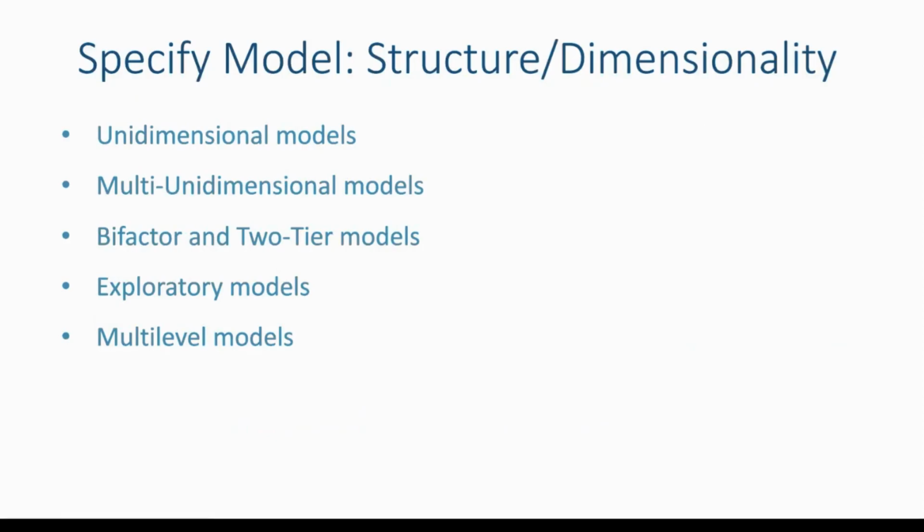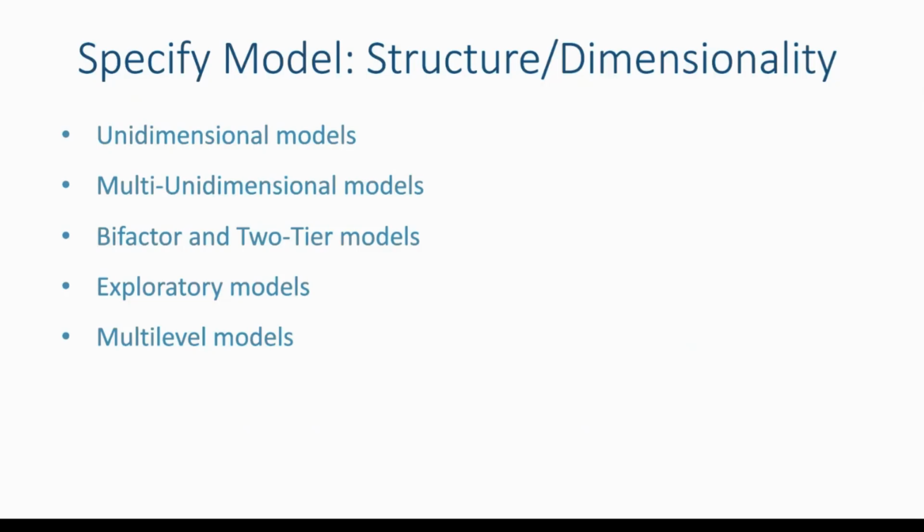So let's dig a little bit deeper into specifying your model. We've been focusing pretty heavily on this idea of dimensionality. This is a very big thing because this impacts what you do later on during your estimation process. So are you going to be focusing on a unidimensional model where you're measuring a single trait from the multi-item test?